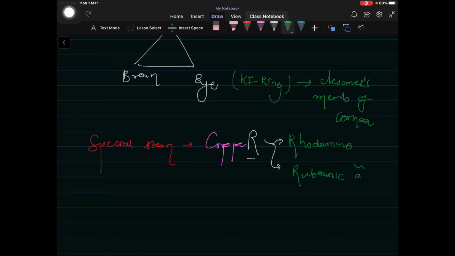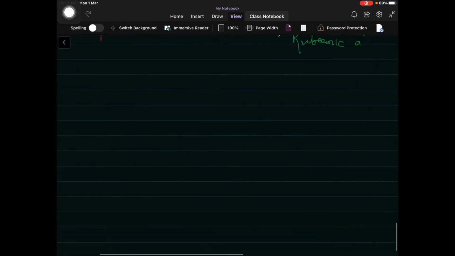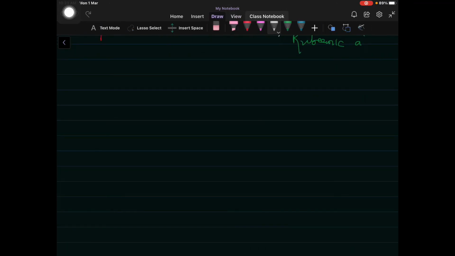The main important thing here, please note that Orcein stain is used for staining the copper.